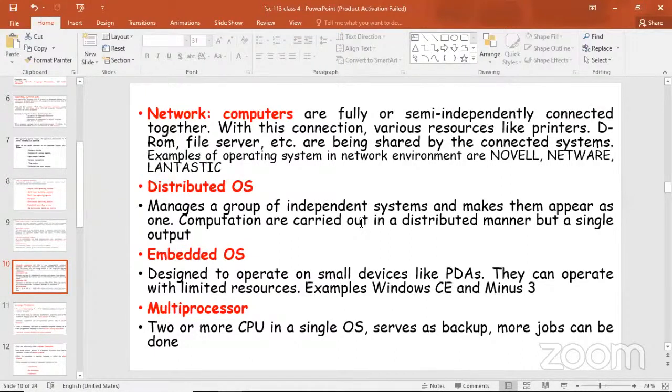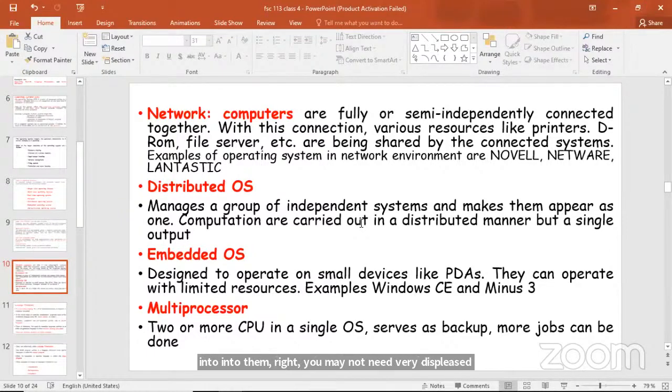So you may not need sophisticated hardware like a typewriter-style keyboard to get data into them, right? You may not need very big displays, right? They are just limited to what is attached to them, and with this they can work effectively.